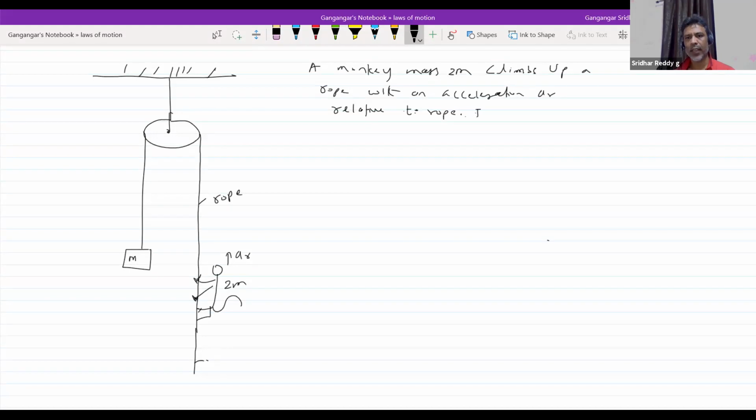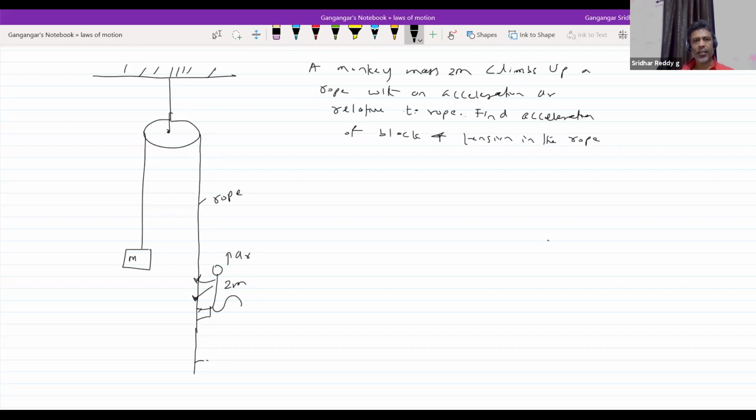So you have to find the acceleration of the block and the tension in the rope. Okay, take the question.